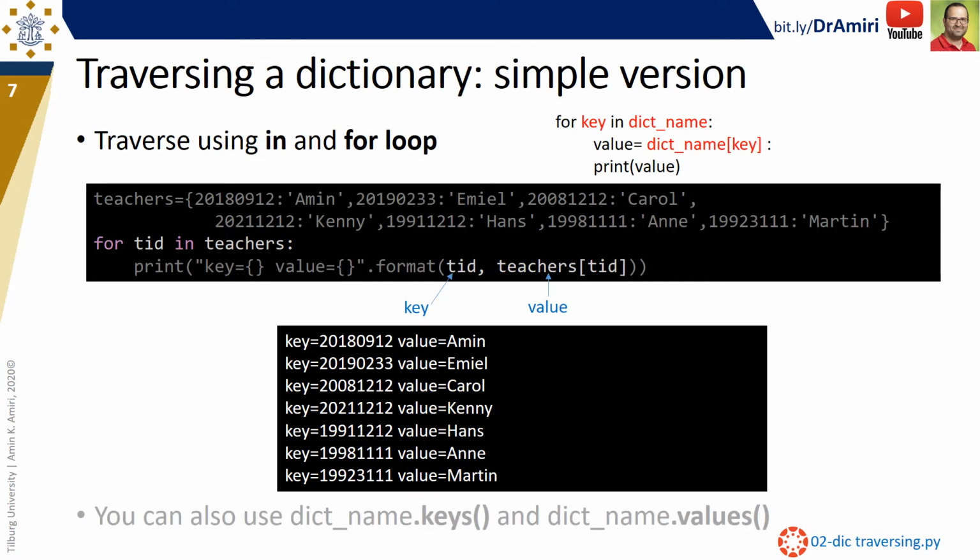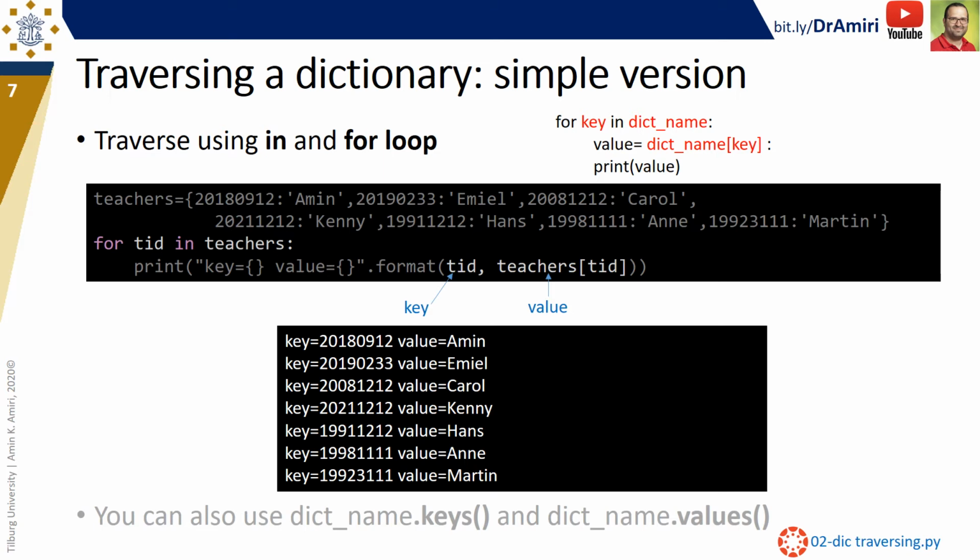Now that we learned why we use dictionaries and where we use them, we need to be able to traverse a dictionary. A simple version of doing that requires you to use the operators in and the for loop statement. In the for clause, you provide a variable name, which is the key in that dictionary.